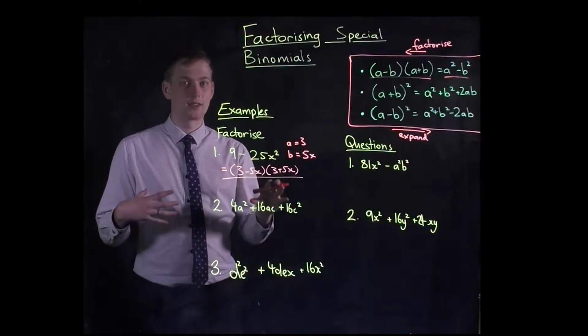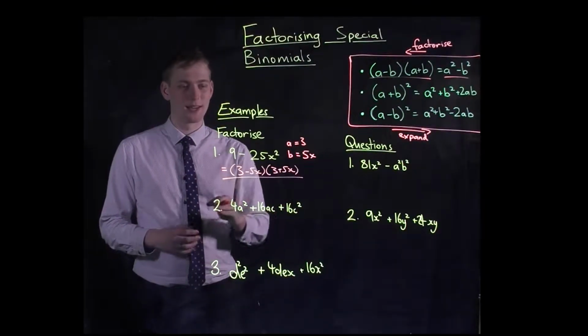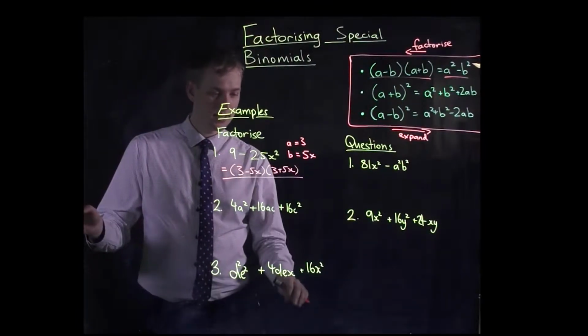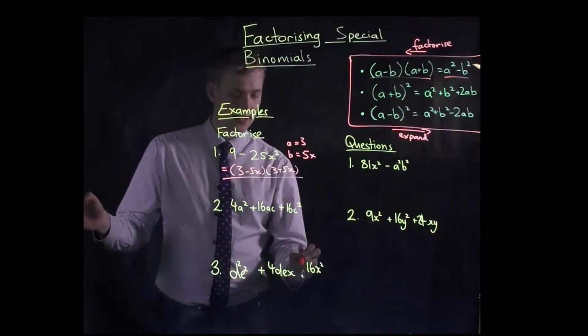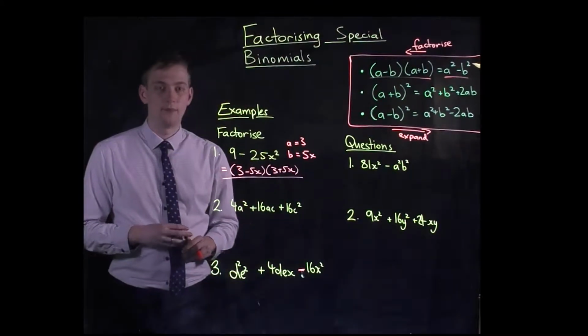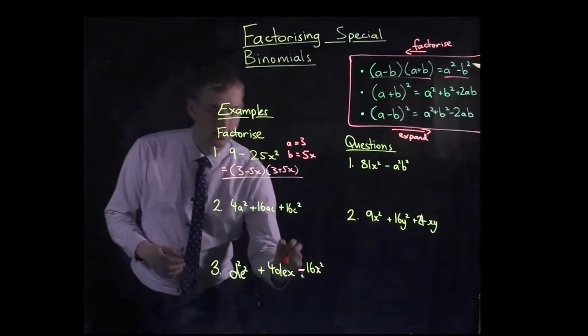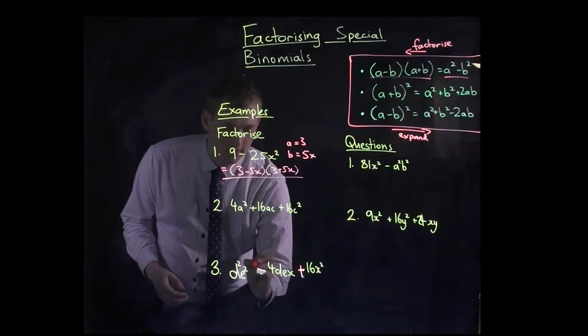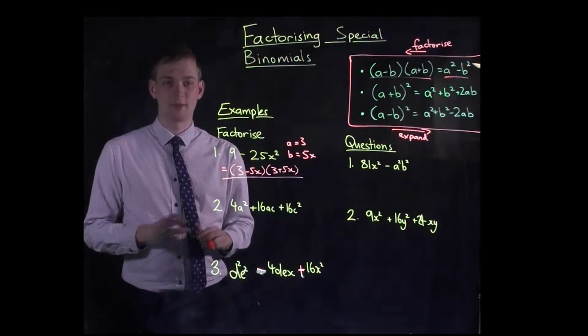Now we're going to factorize some perfect squares, or things that are going to become that. There we go. Now we've got an example of each one.